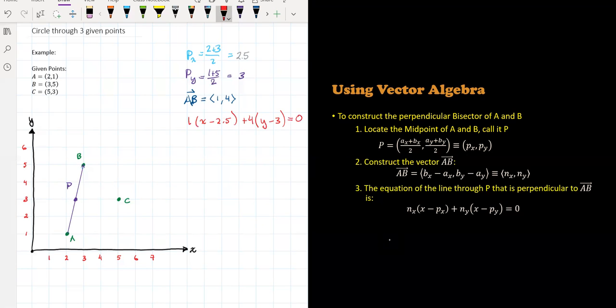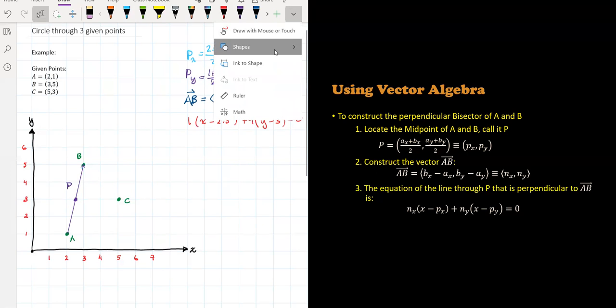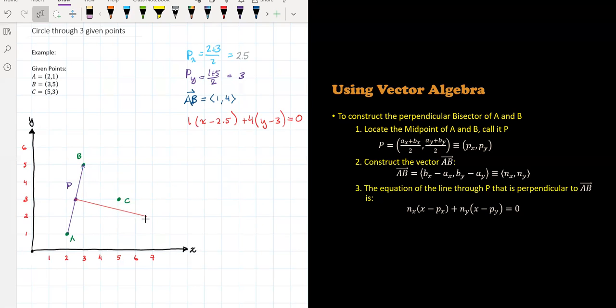And then that line, let's see here, I'll just draw another line. So if I go down 1/4, I think, about there.